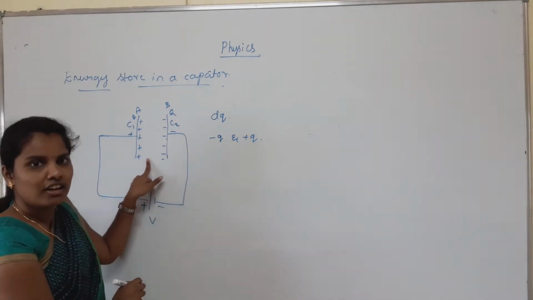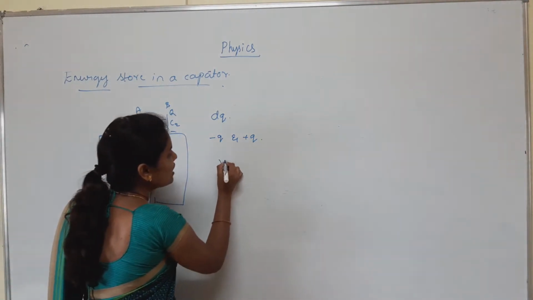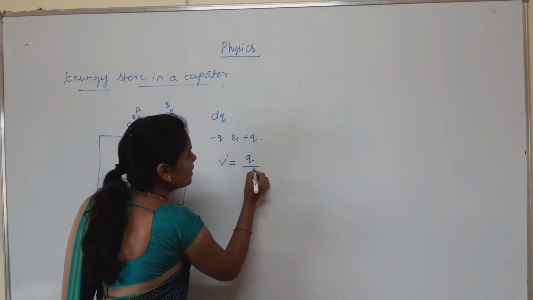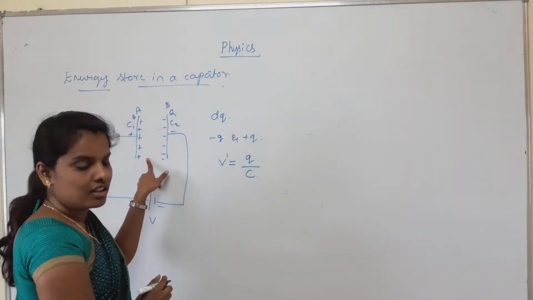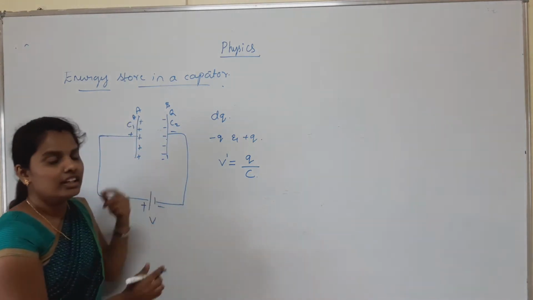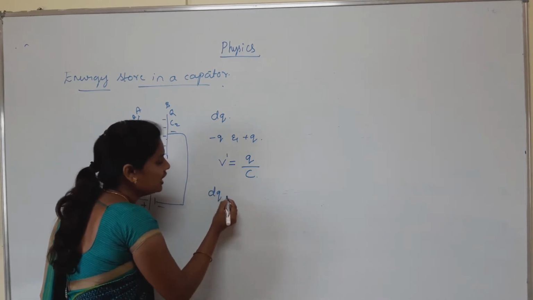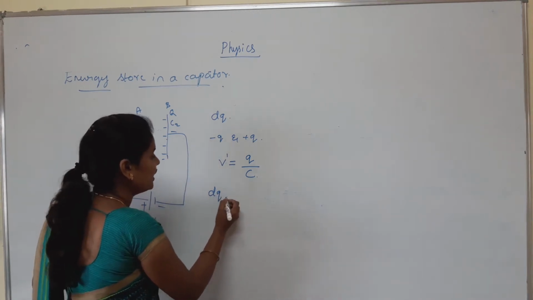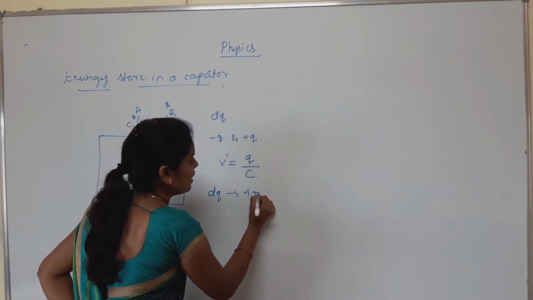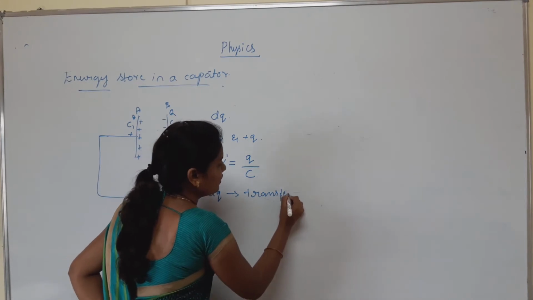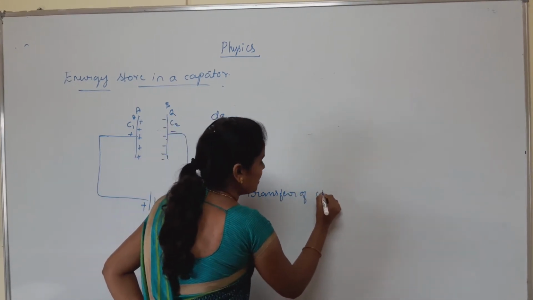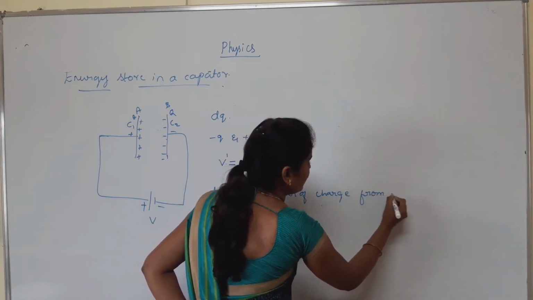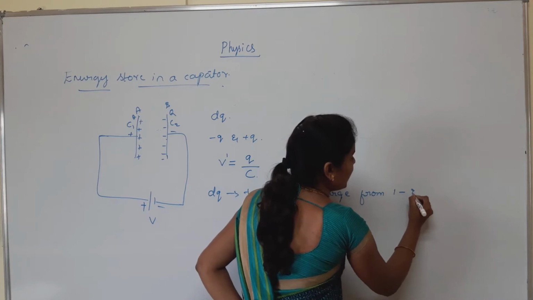Then the potential difference is V dash equals Q divided by C. Here dq is the charge transferred from one plate to the other plate.